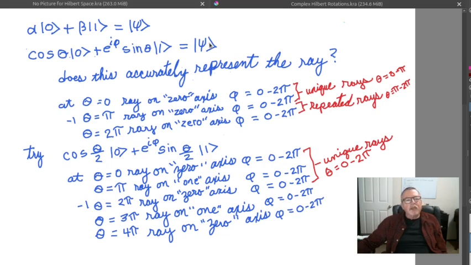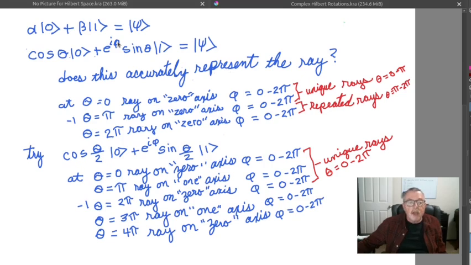Now, every unique ray should be determined by an angle between 0 and 2 pi and an angle between 0 and 2 pi. In other words, theta between 0 and 2 pi and phi between 0 and 2 pi. Each one of those should be a unique ray.